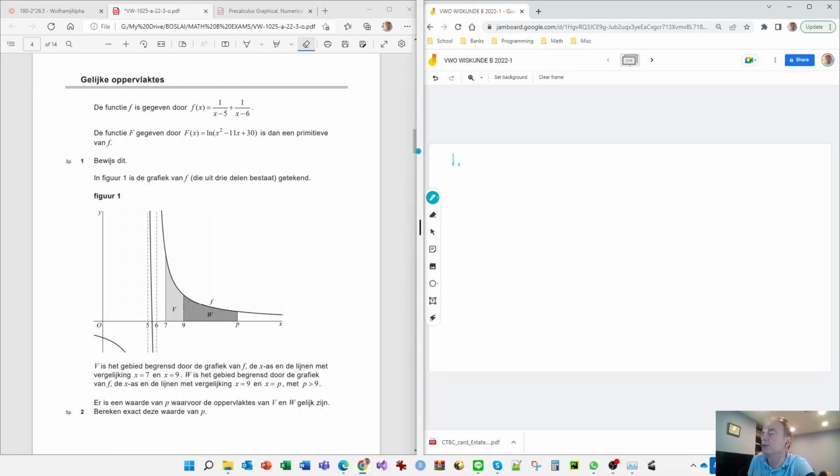So you should try log x minus 5. And since the derivative of x minus 5 itself is 1, if you do the derivative of this and apply the chain rule, the kettingregel, then you find just 1 over x minus 5.